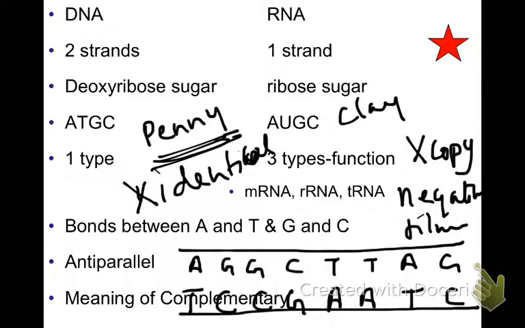Does it make sense? So one strand can serve to make the other strand. It has the information to make the other strand.